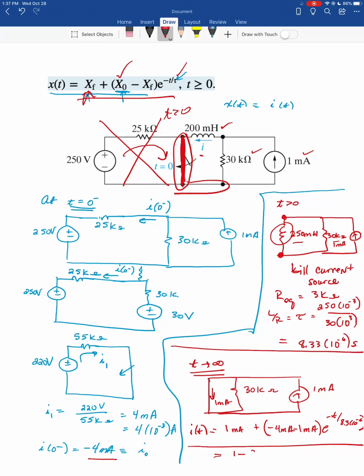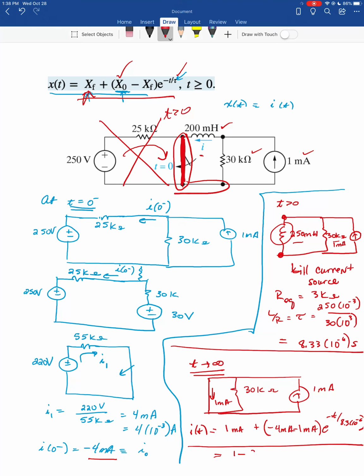At that point, inductors will be shorts, capacitors will be opens. So really the circuit typically gets pretty easy to solve, and you're just looking for what is the current where the inductor would have been, what is the voltage where the capacitor would have been, and that gives you this x sub 0.